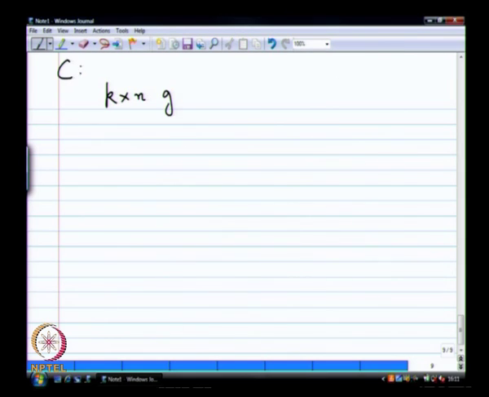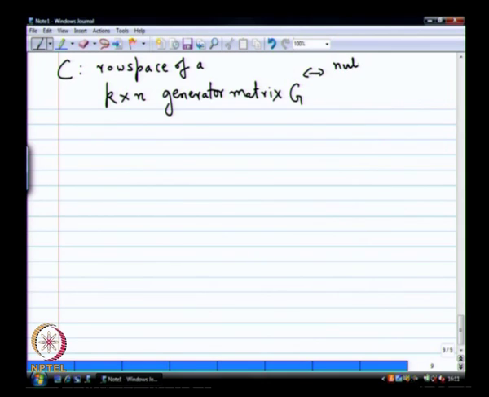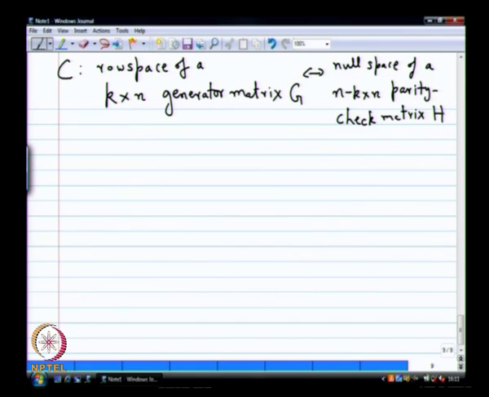C will be the row space of a k cross n generator matrix G. It will also be the null space of an n minus k cross n parity check matrix H. But now this G and H will have entries from Fq. That is the other modification.